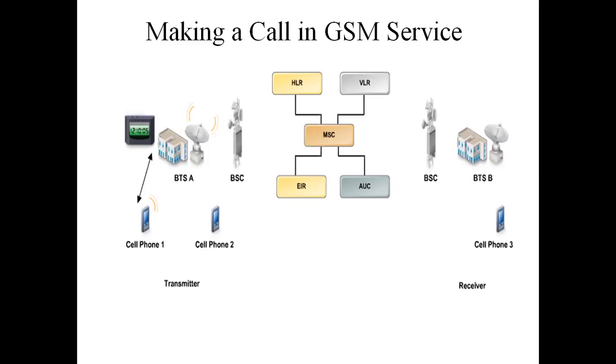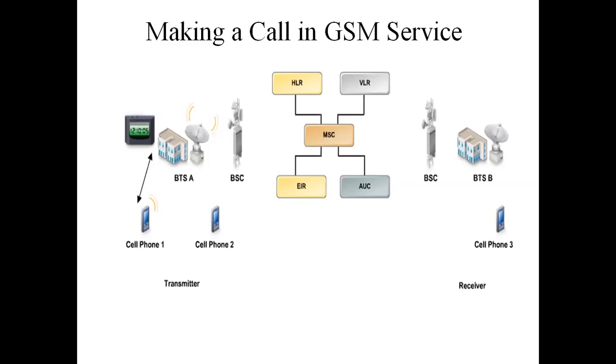Using all this, it sends this access request using the random access channel to the base transceiver station. Now, if another cell phone at the same time tries to send an access request, the message might get corrupted. In this case, both cell phones wait a random time interval before trying to send again.